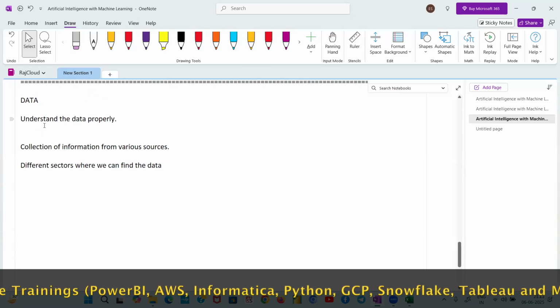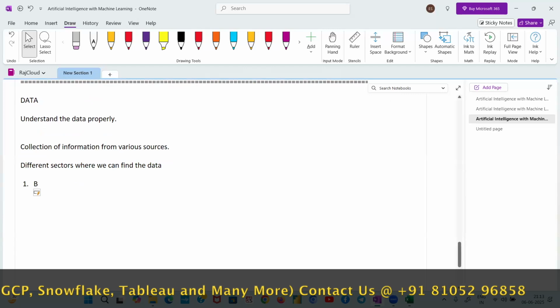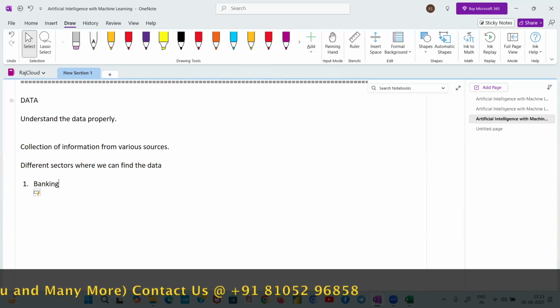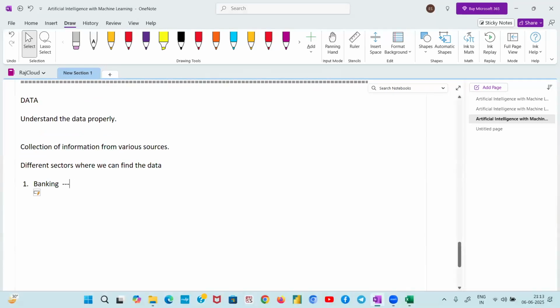There are several sectors around us. Let's say for example, the banking sector. Right or not? The banking sector contains a large amount of customer information, or not? Customer information will be there in the banking sector, or not?